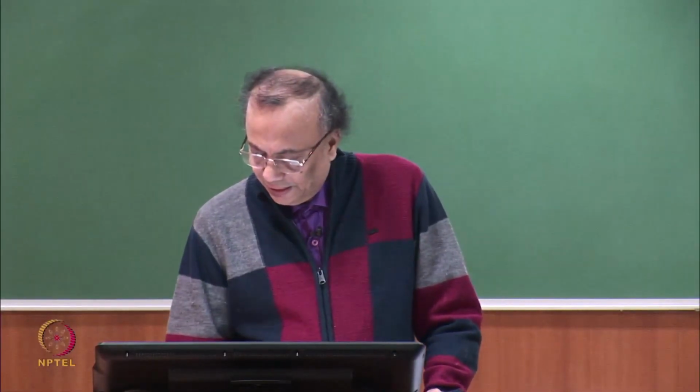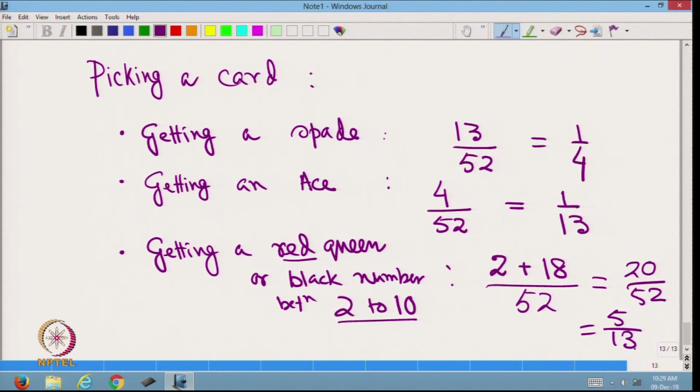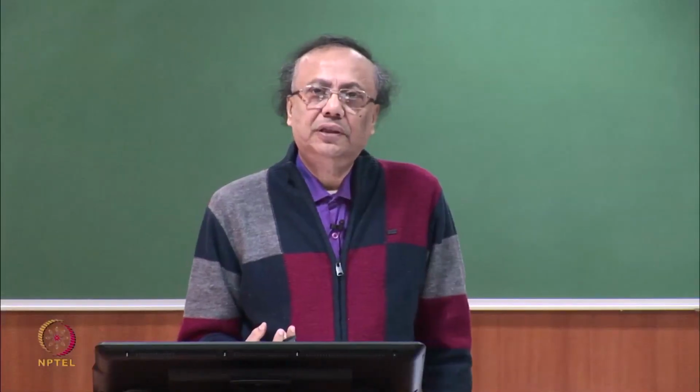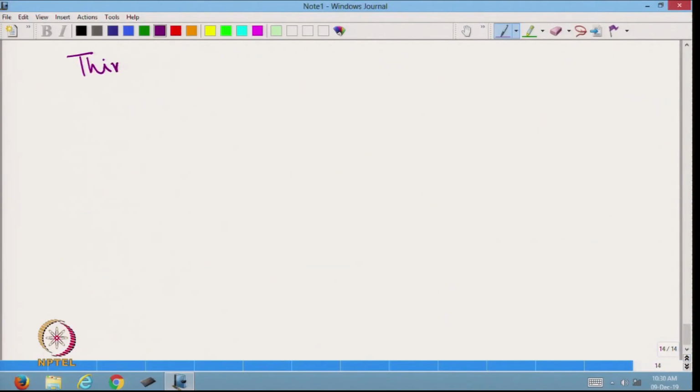So, there are 18 ways of getting a black number between 2 to 10. Therefore, the number of favorable outcomes is 2 plus 18 equal to 20, and the total number of outcomes is 52. So, it is 20 upon 52, which is equal to 5 upon 13. So, now you can understand how we are defining an event and how we are computing its probability. However, things are not so straightforward.